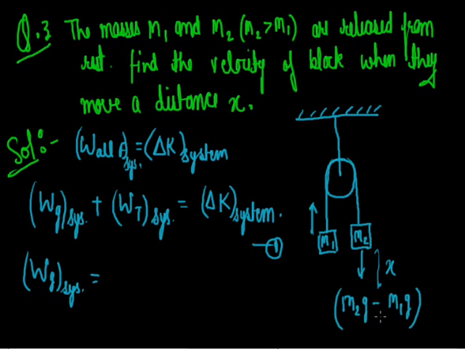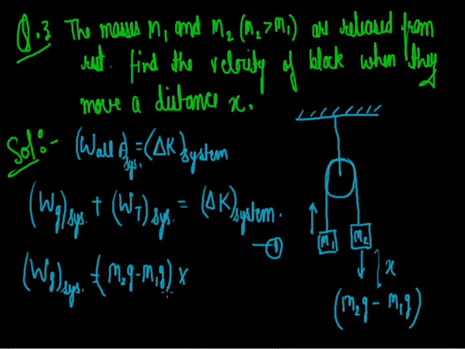The minus is there because when released, m2 moves downward while m1 moves upward, so the net acceleration will be downward. So m2g minus m1g is the net gravitational force acting on the system.